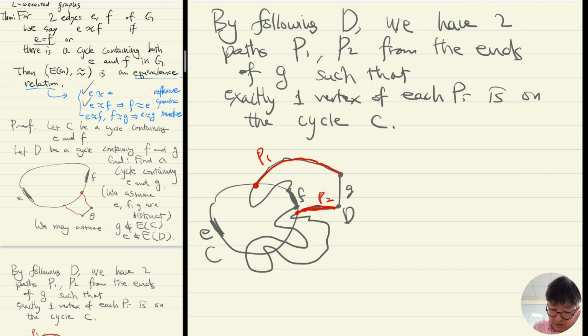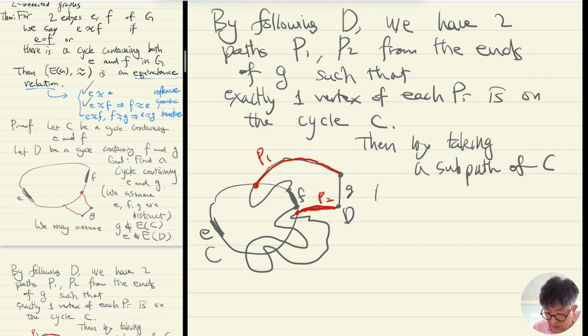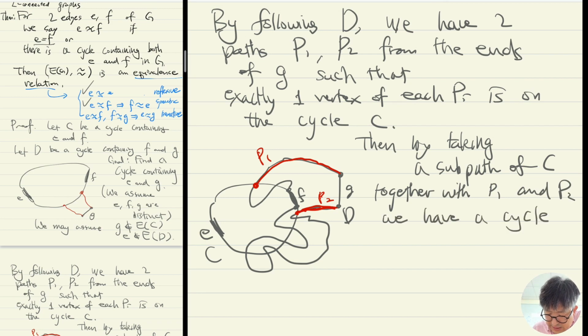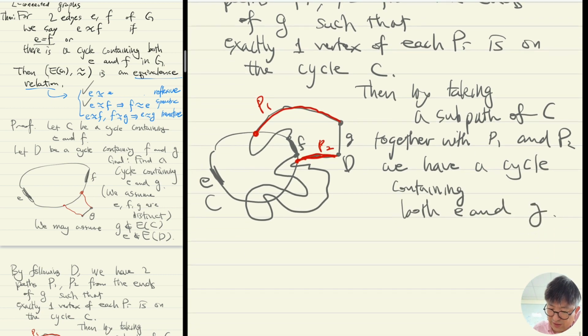Now, by taking a subpath of C together with P1 and P2, we have a cycle containing both E and G. I didn't write all the detail, but in this case, I can combine them.